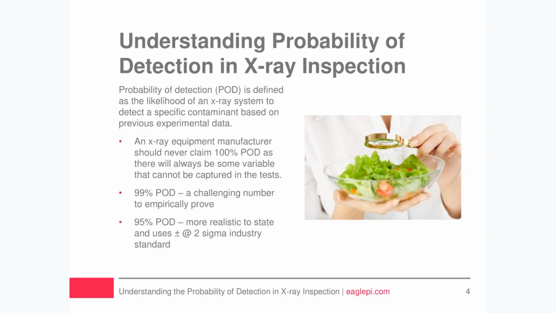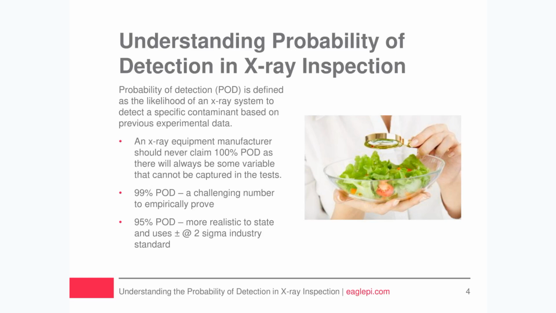So what is probability of detection? Probability of detection can be simply defined as the likelihood of an X-ray system detecting a specific contaminant based on previous experimental data. Such experimental or test data typically involves 30, 50, or sometimes even 100 samples of the customer's product, with a different contaminant utilised as different test pieces.